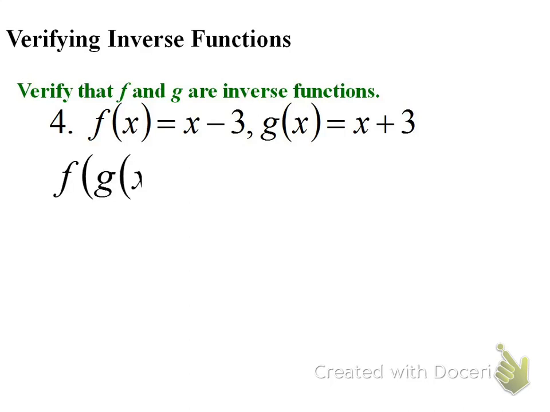So let's go ahead and test that out. Let's first do f of g of x. So I'm going to rewrite the f function, but instead of the x, I'm going to put x plus 3. So you can probably already see how this one's going to turn out. X plus 3, and then you have the extra minus 3. What would that give us? X. So it works up there.